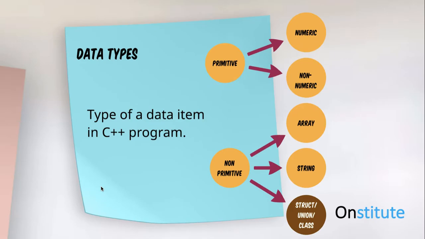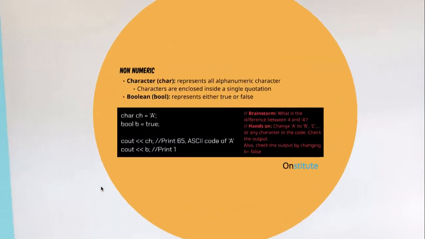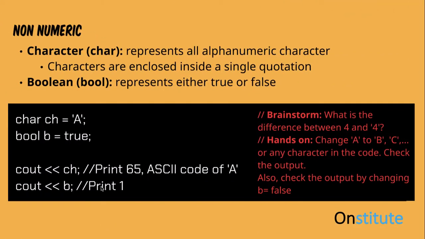So the next primitive data types are non-numeric data types. There are two different types of non-numeric primitive data type in C++. The first one is character, which is denoted using char, and the second one is boolean, which is denoted using bool.